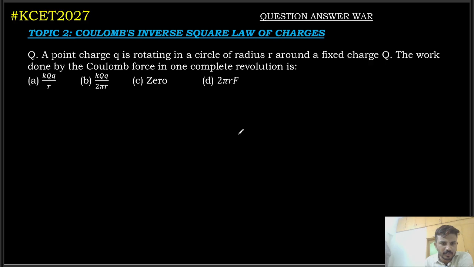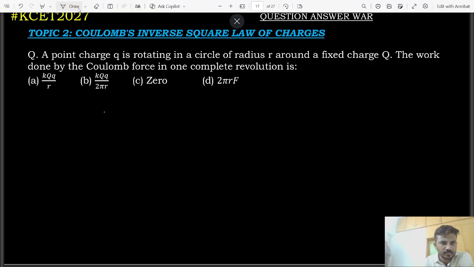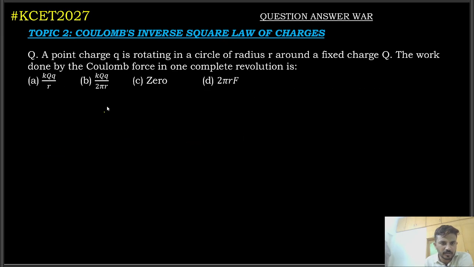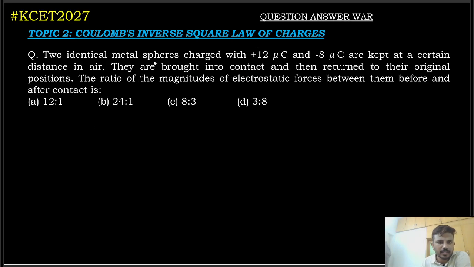If the charged particle undergoes one complete rotation, with capital Q here and a small q here, since electrostatic force is a conservative force, the work done for the complete revolution will be taken as 0.